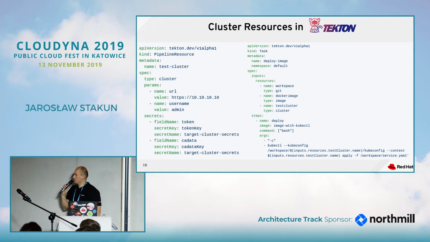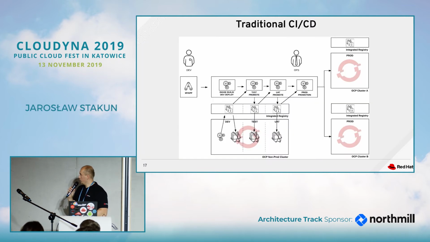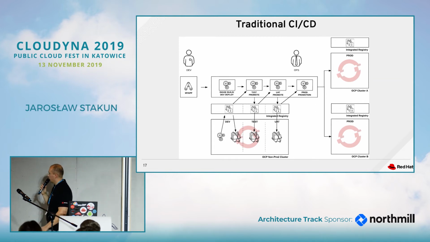But there is one major disadvantage of this approach, which is the fact that you have to deal in your pipelines with any problems or issues related to the parallel or sequential deployments of images to multiple registries. So in order for our application to run, we need those images to be available in each of the clusters.